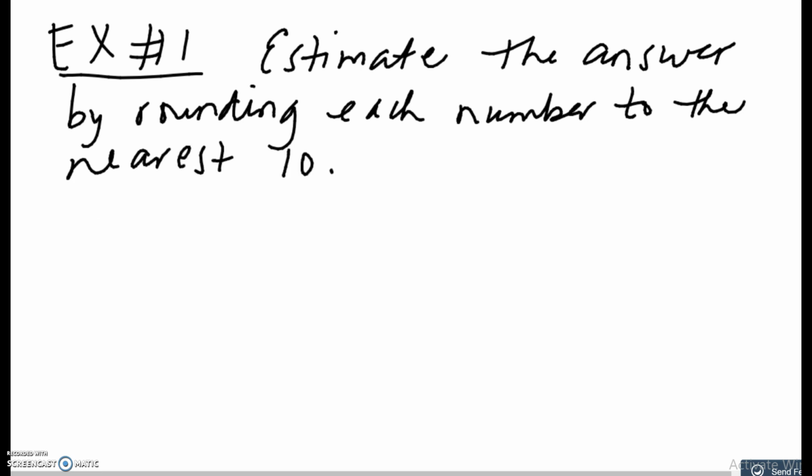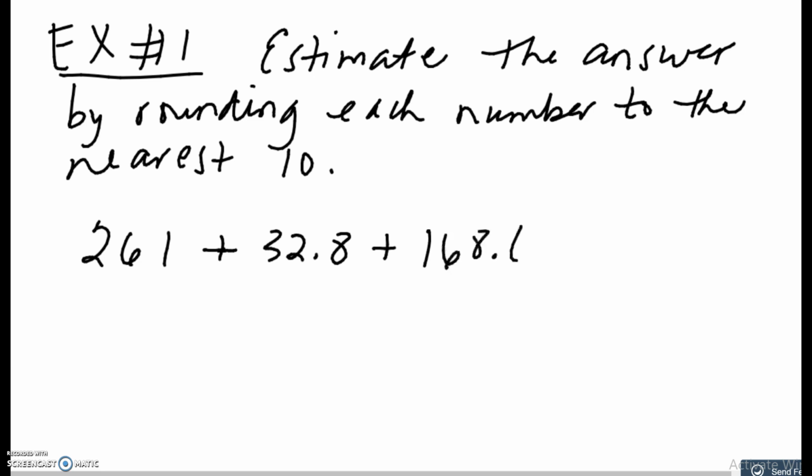And the numbers that we have are 261 plus 32 and 8/10 plus 168 and 6/10 plus 80 and 2/10.